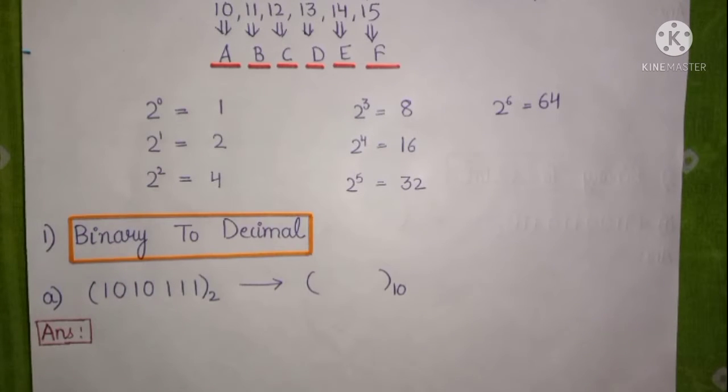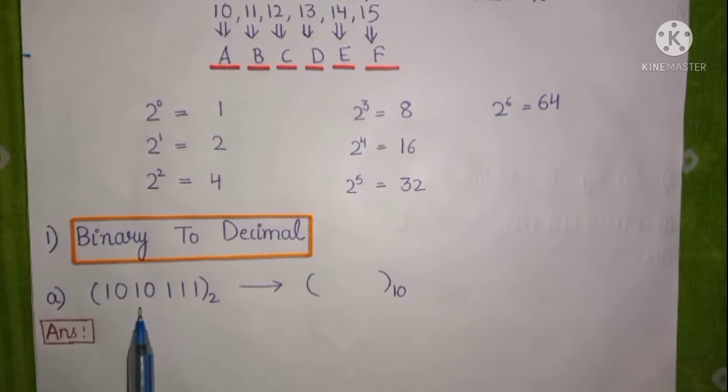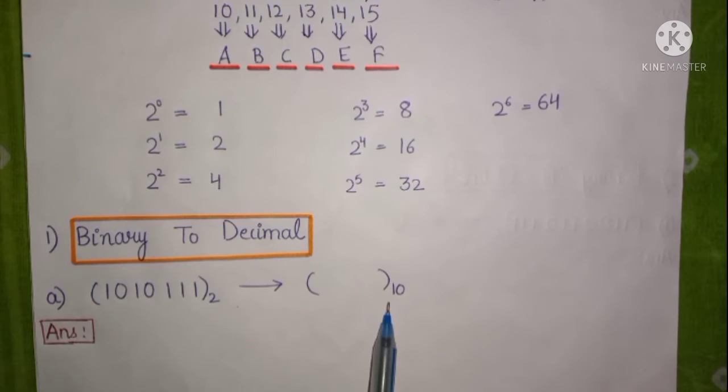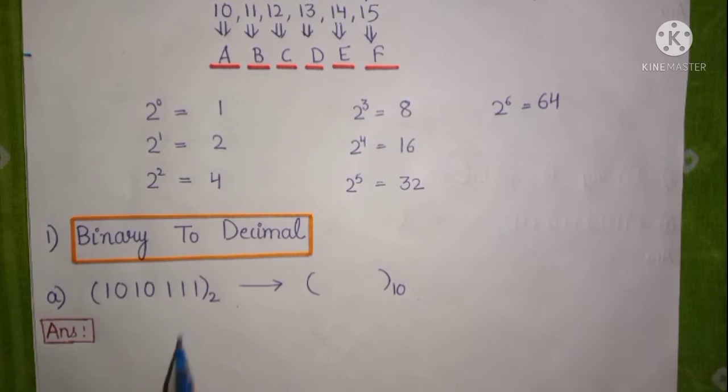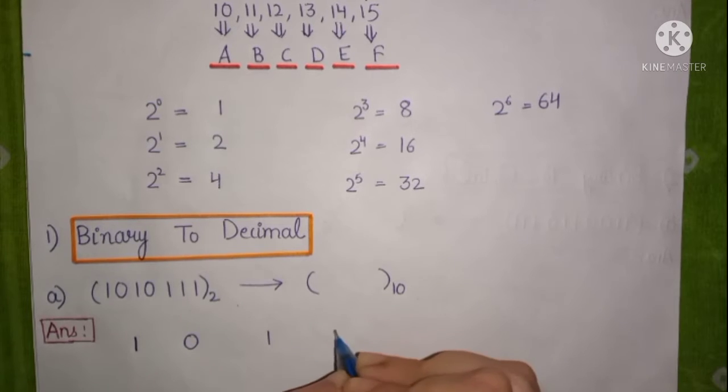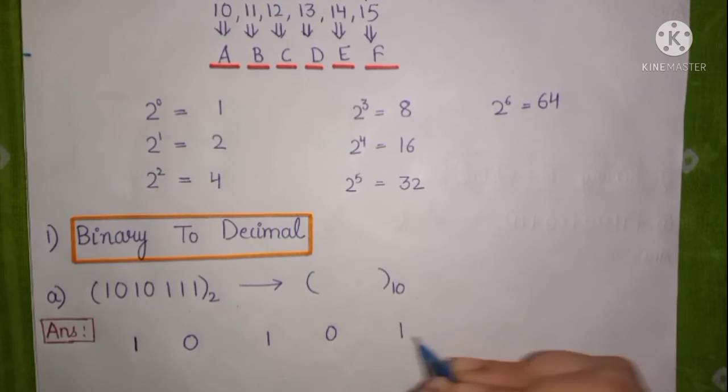Okay. So here I have taken one example. This number 1010111 is in binary form. We have to convert this into decimal form, that is base 10. So how will we do that? It is very simple. First we have to write this number below, 1010111.